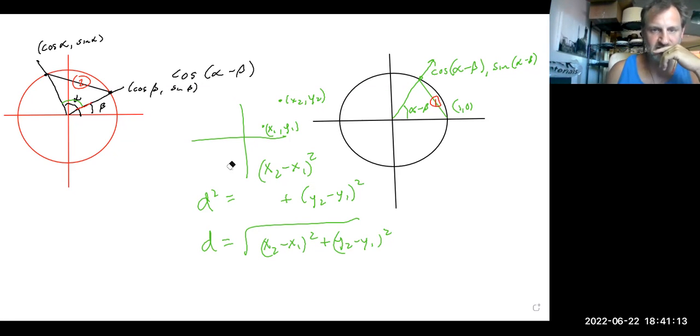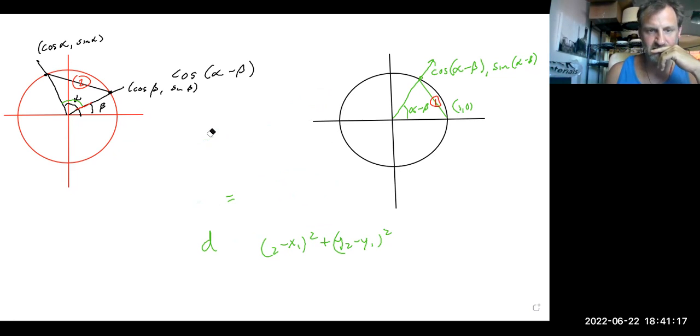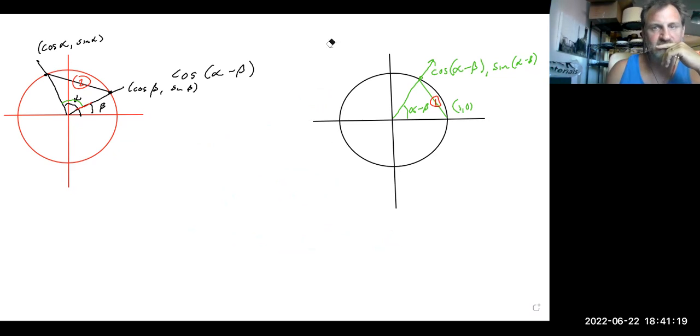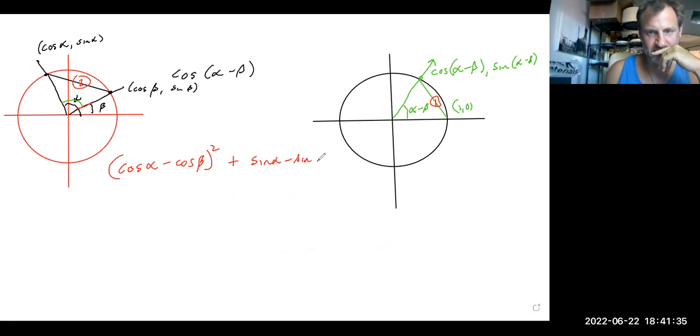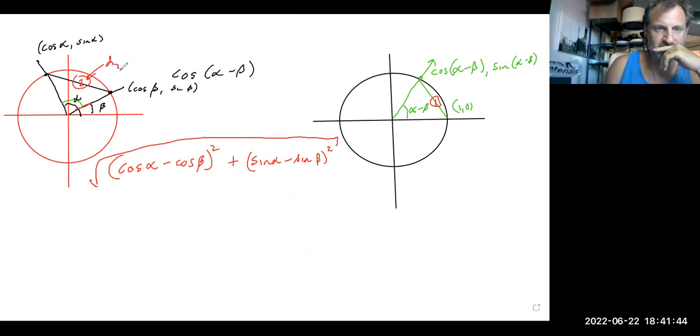Okay, so let's go ahead and work it out then. So in the first one, the black line, number 2, we've got cosine alpha minus cosine beta squared plus sine alpha minus sine beta squared, and square root of all of that. That's the distance of this line here, called D2.